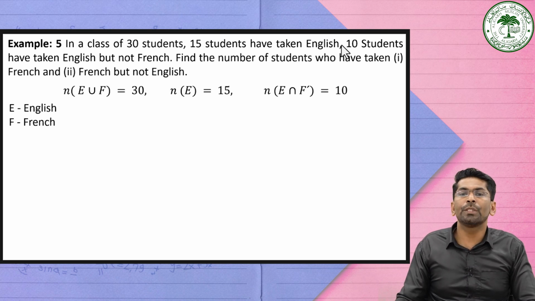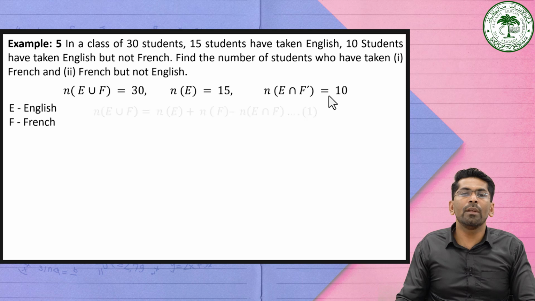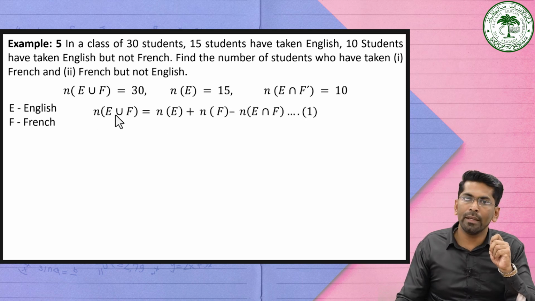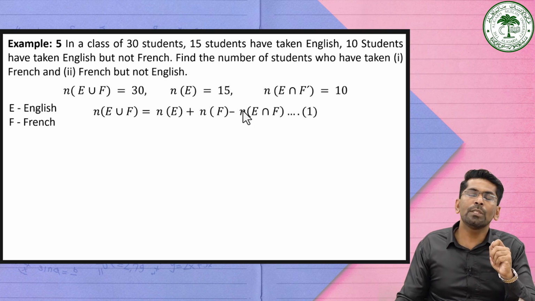The other information is that 10 students have taken English but not French, so the number of elements in E intersection F complement is equal to 10. By using this information, we have the equation. We know that the number of elements in E union F is equal to the number of elements in E plus the number of elements in F minus the number of elements in E intersection F.